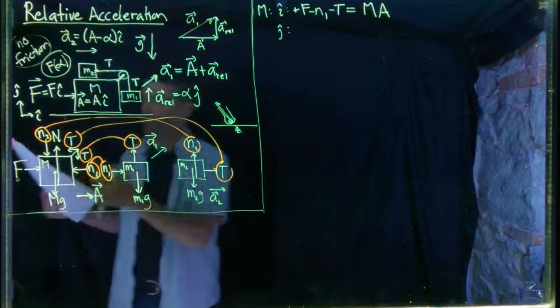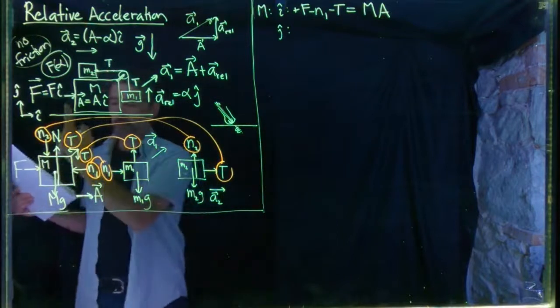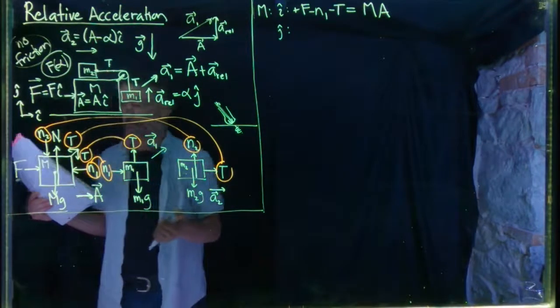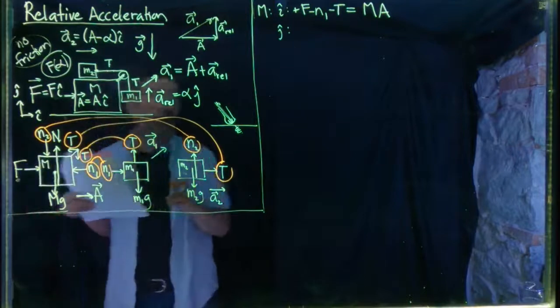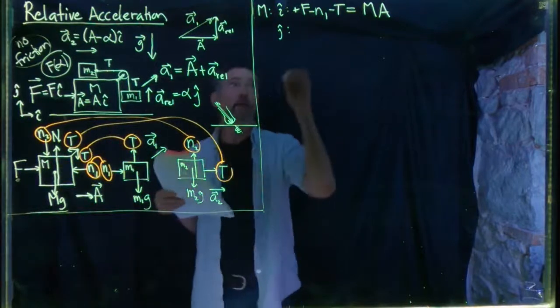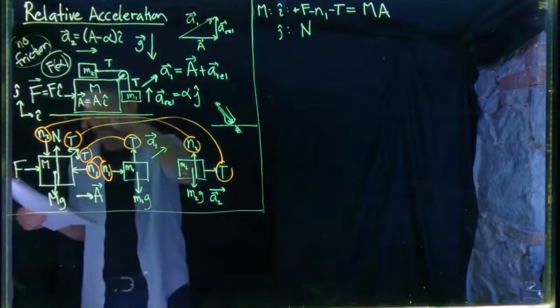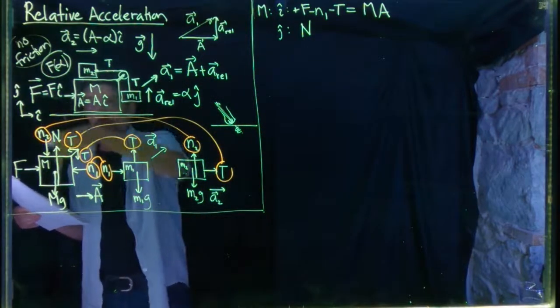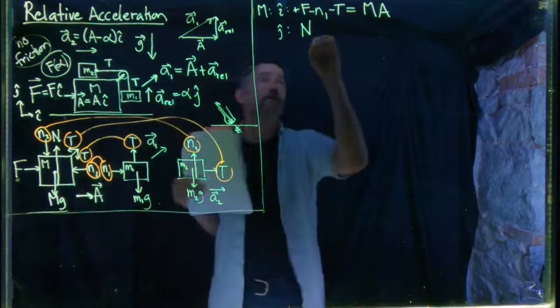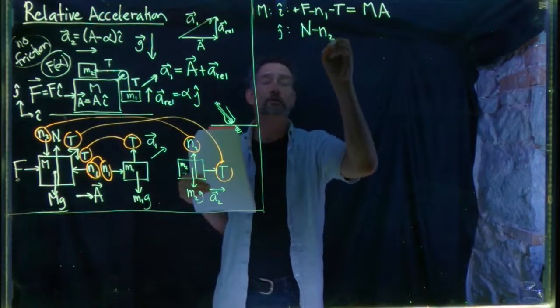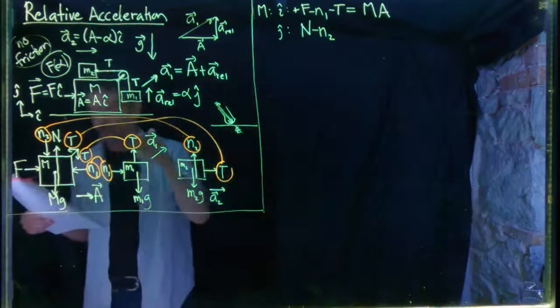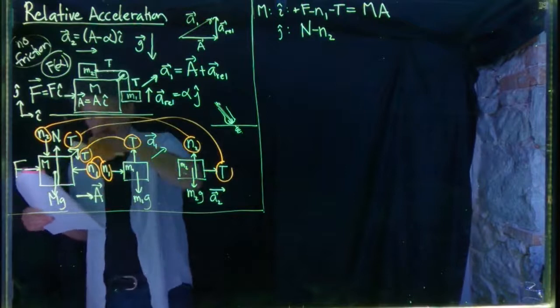Then in the j hat direction, which is vertical up, what are all the forces in the vertical up direction? Well, there's a normal force, positive. There is a downward N2 coming from M2, so it's minus N2. And then there's a tension pushing downwards.